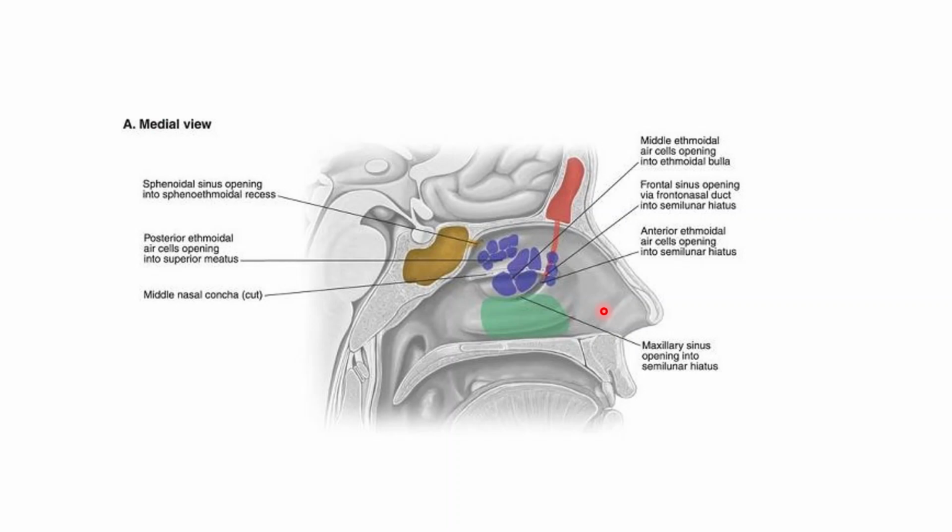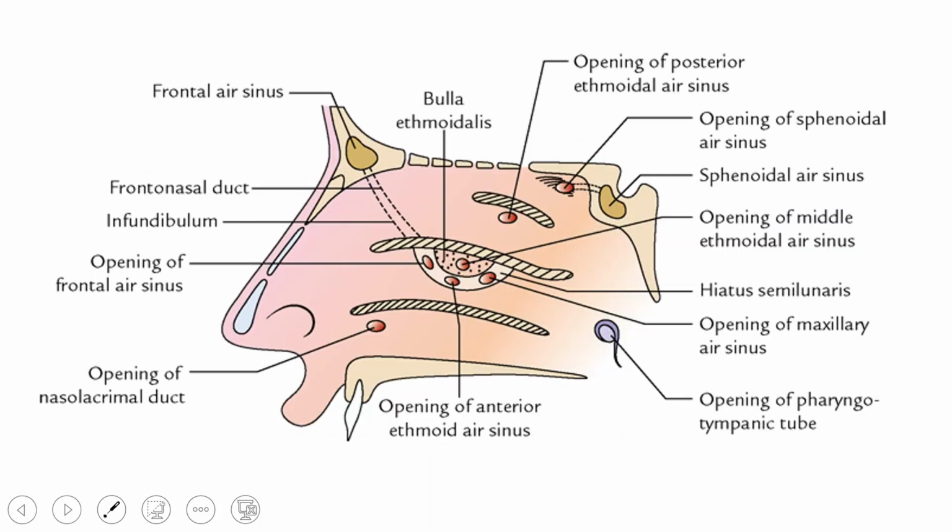Among the three ethmoidal air sinuses, the anterior ethmoidal air sinus opens into the hiatus semilunaris of the middle meatus. The middle ethmoidal air sinus opens into the ethmoidal bulla of the middle meatus, whereas the posterior ethmoidal air sinus opens into the superior meatus. So this is about the area of drainage of the respective air sinuses.